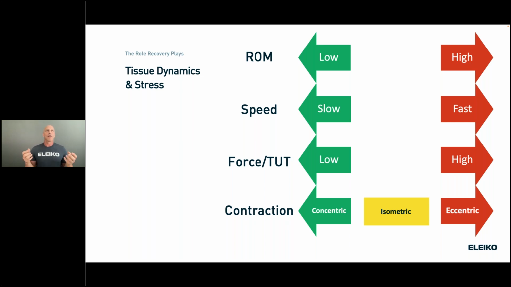So the most degrading way, or the easiest way, to tear down and break down tissue is to do a fast, loaded, high speed, eccentric contraction. That's just science. It's not bad. We need to understand how the tissues work and what creates more stress.